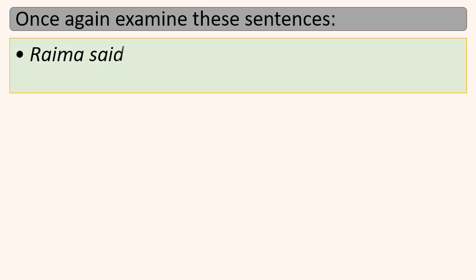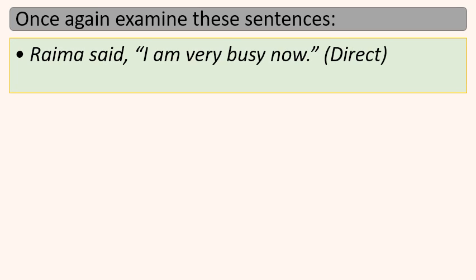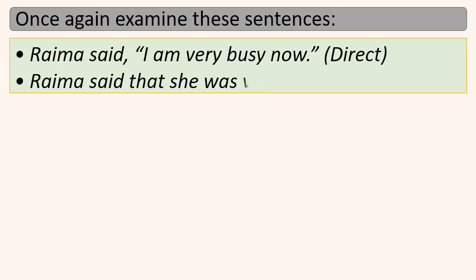So students, let's once again examine these sentences. Raima said, comma, inverted commas start, I am very busy now, full stop, inverted commas close. So this is direct speech. When we convert the same into indirect speech, the sentence will be, Raima said that she was very busy then. Right?